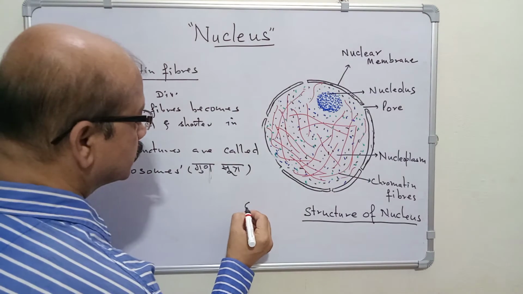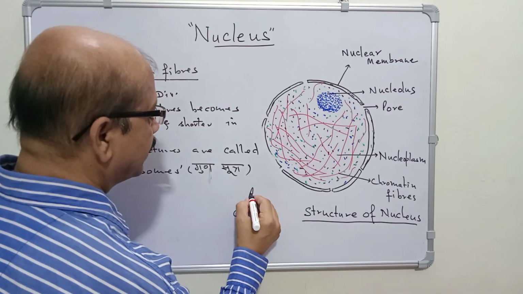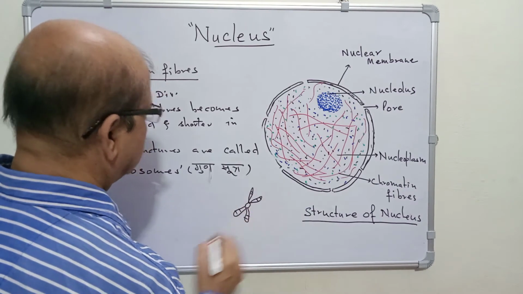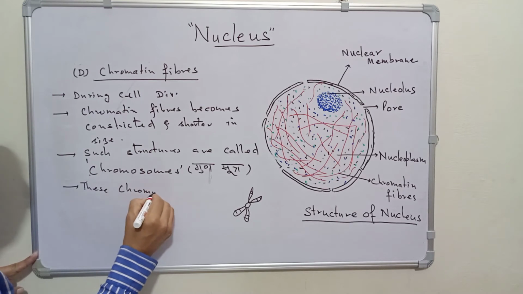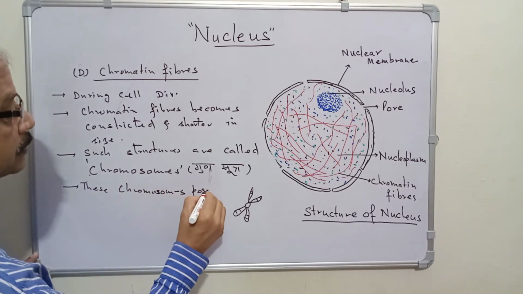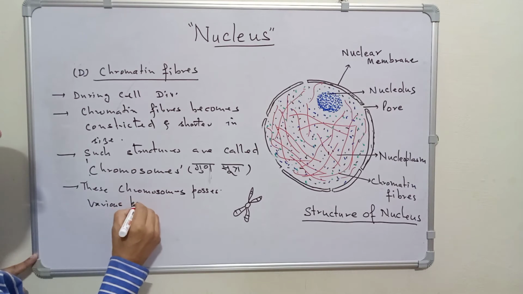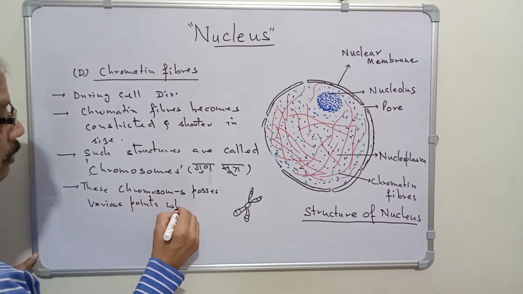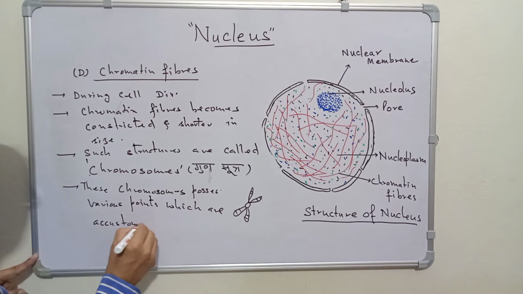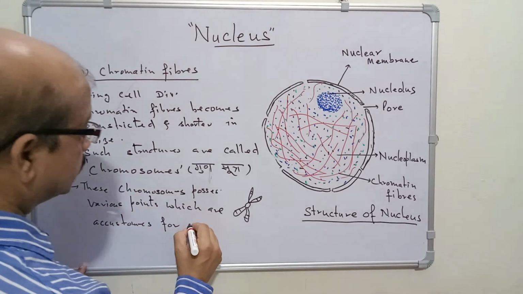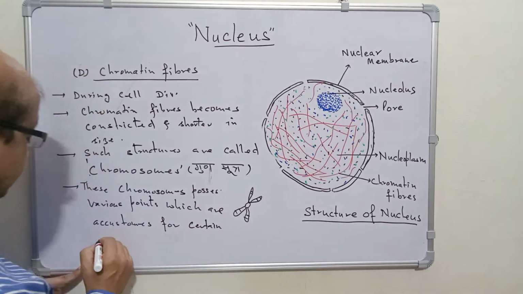Now these chromosomes possess various points which are accustomed for certain characters.